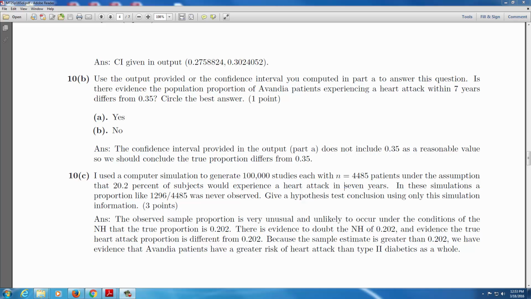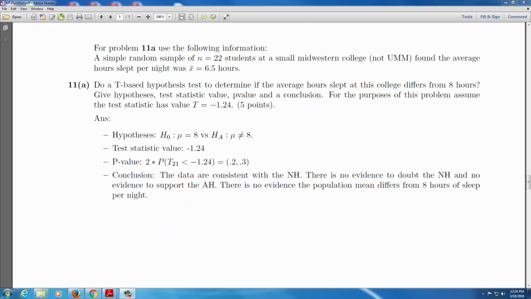On 10C, you got to look at your answer and make sure that you clearly said that not only was there a difference, but that the difference was that Avandia patients have a higher risk of heart attack. You got a 1 point deduction if that wasn't clear that you knew there was a higher risk.